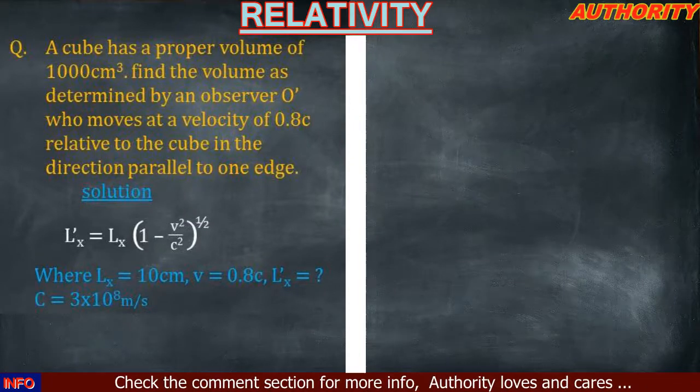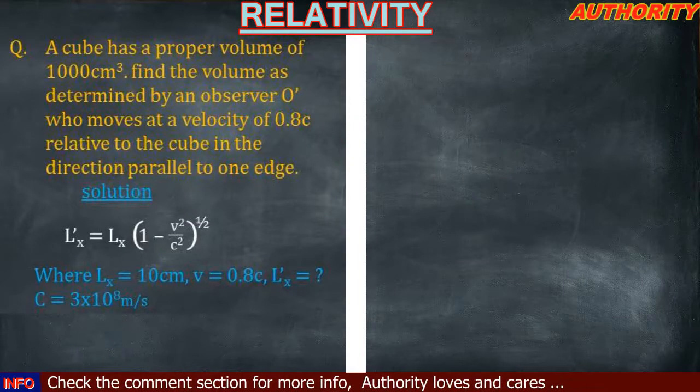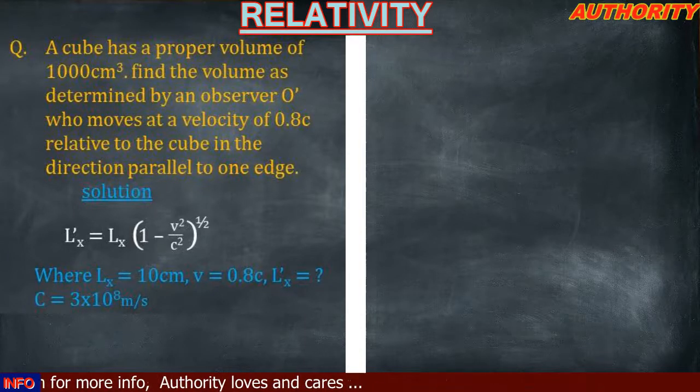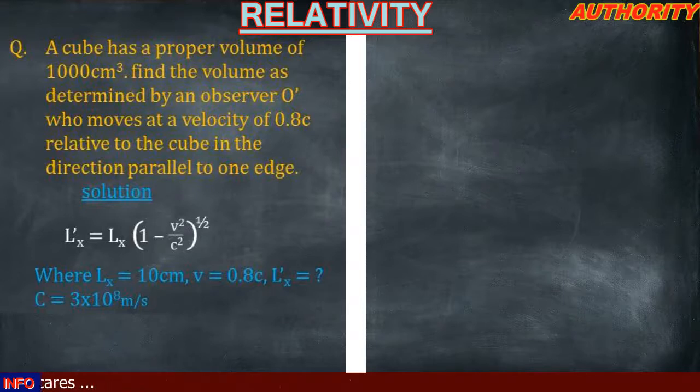Now v, that is the velocity, is going to give us 0.8 c, and then we'll talk about the contracted length in the side of x, that is L prime subscript x. That is what we are asked to find. Then the speed of light is 300 million meters per second.